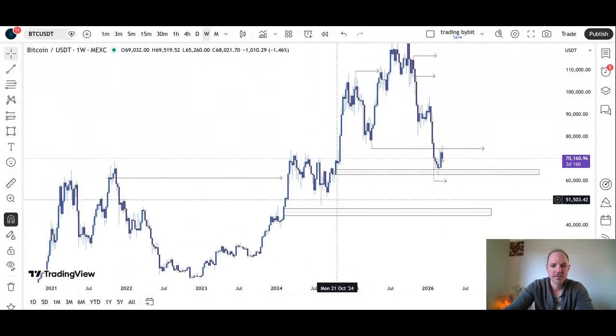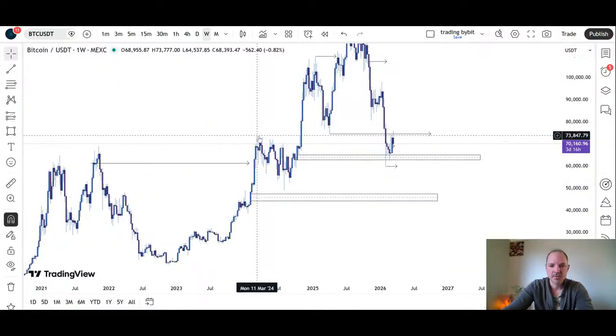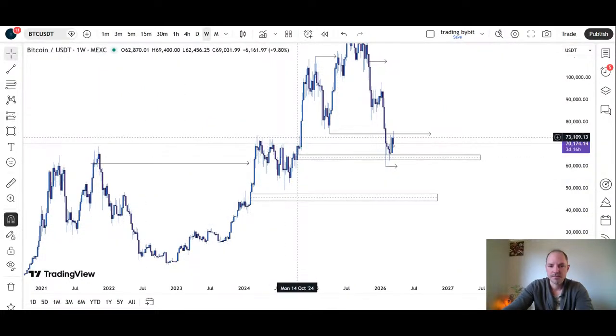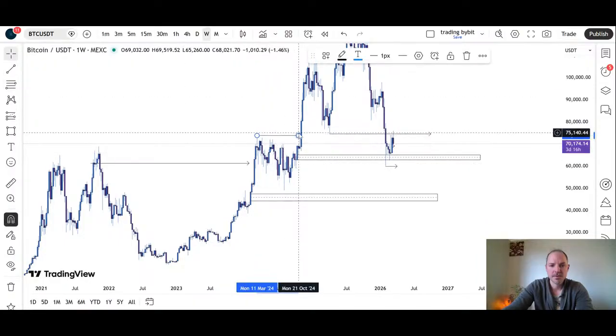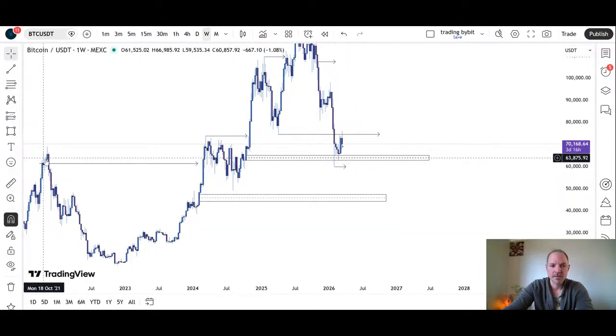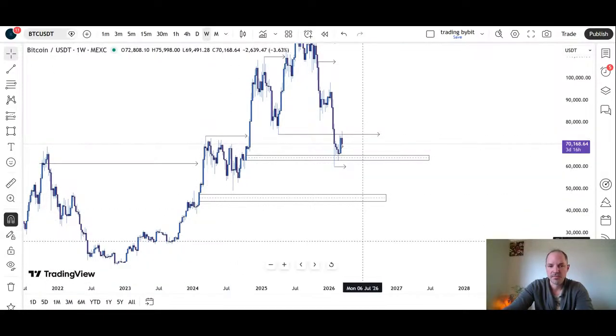Our first break of structure that we made from the highs was right here. This was our first real break of structure, because this was the previous high. We just came back down and we structured up.